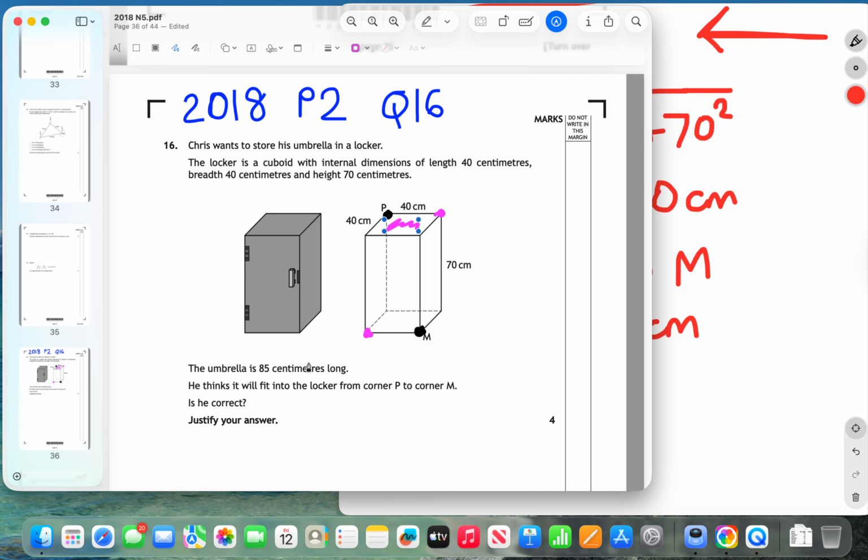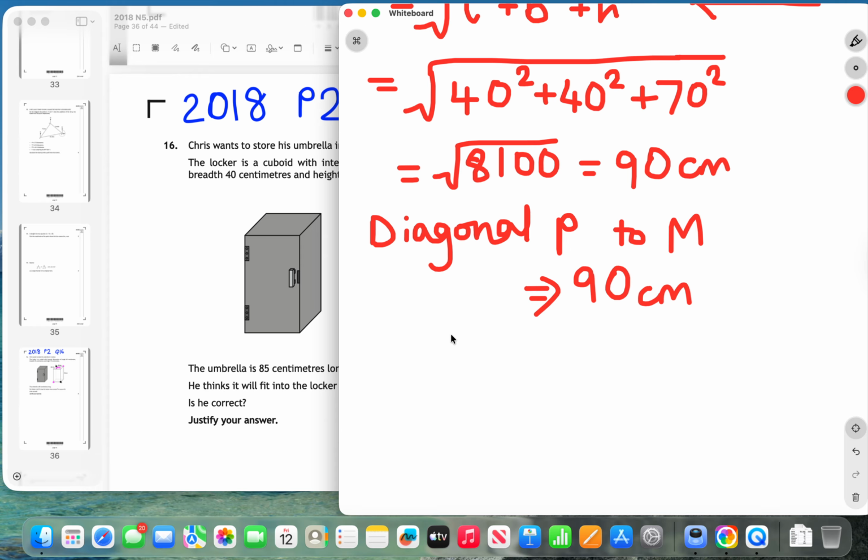But we've not quite finished the question because the umbrella is 85 centimetres long. So we can say that the diagonal is 90 centimetres, which is longer than the umbrella. You have to justify this both with calculation and with an explanation at the end.